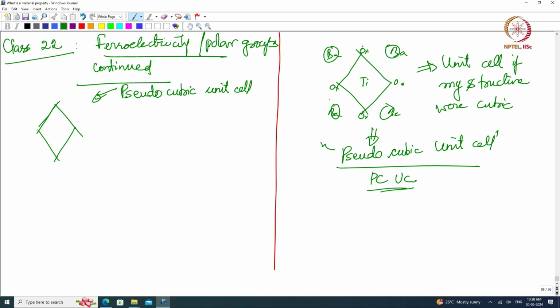Let us get back to our pseudo cubic unit cell. It has a polarization, so it has a dipole moment which is in this fashion. Now, let me look at the second pseudo cubic unit cell right next to this. Even in the second one, something like this should happen.